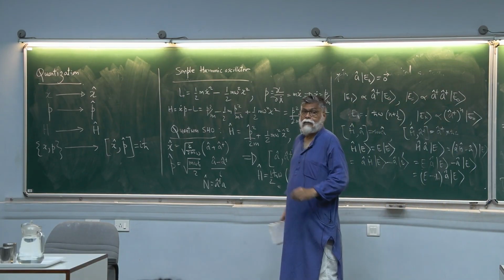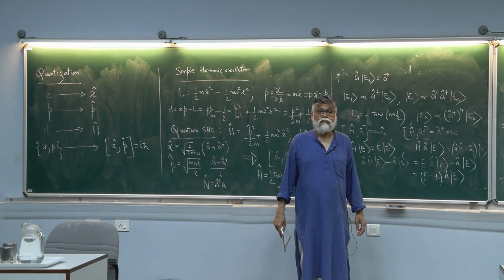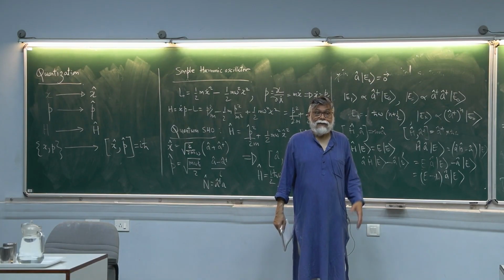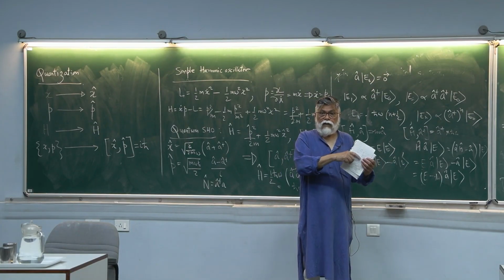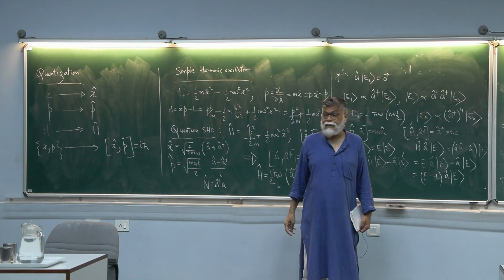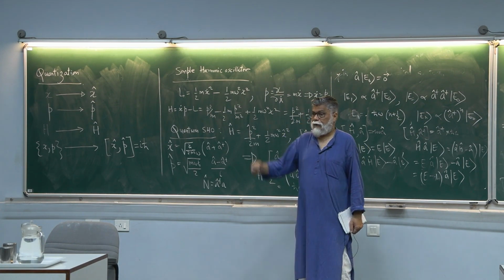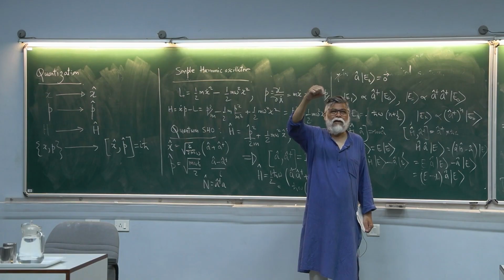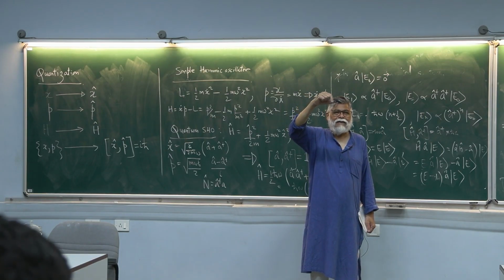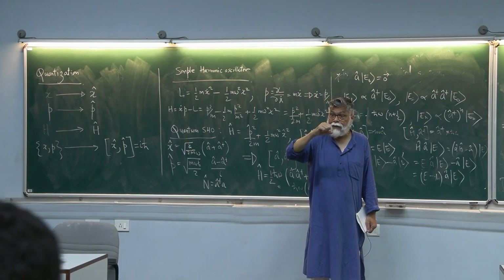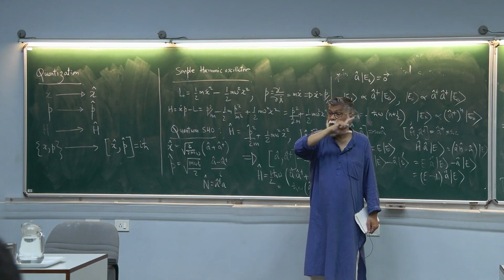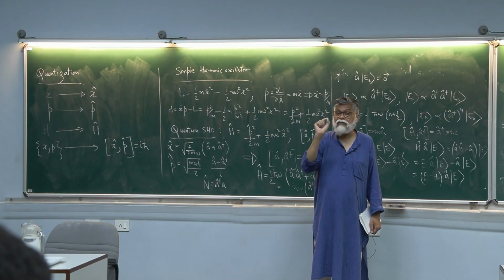There's also a question about how zero-point energy is related to cosmology. Yeah, that I will come to. First of all, let me reiterate that when you quantize the non-relativistic simple harmonic oscillator, the lowest energy, that is the ground state energy, is not zero. It is half h bar omega.